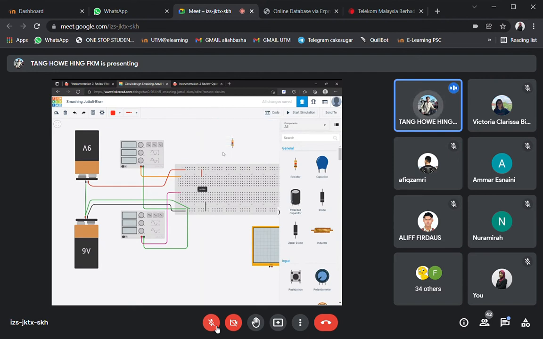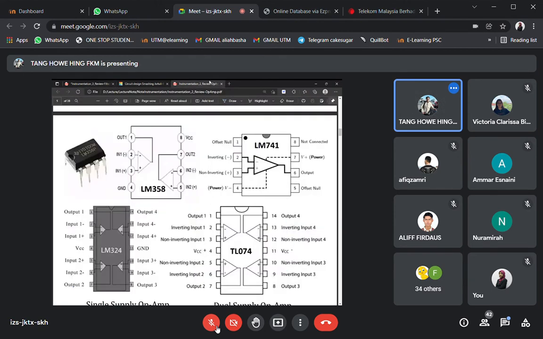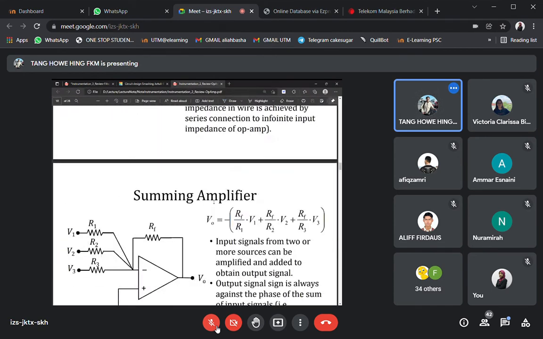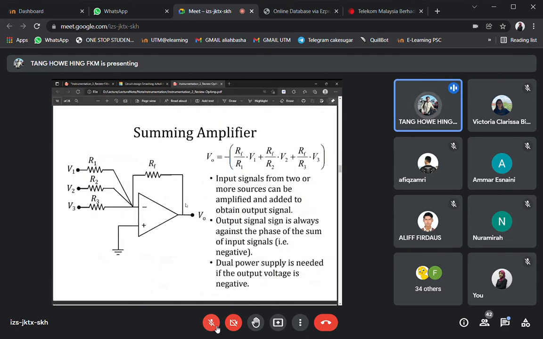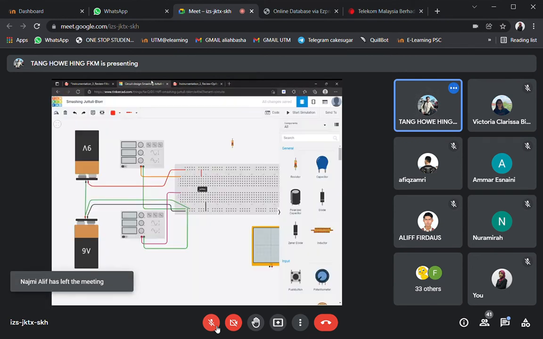So for the summing amplifier, it has a circuit which is looking something like this. So there will be a feedback resistor from the output to the inverting input, and then non-inverting input to the ground. Okay, so we will just do this thing.